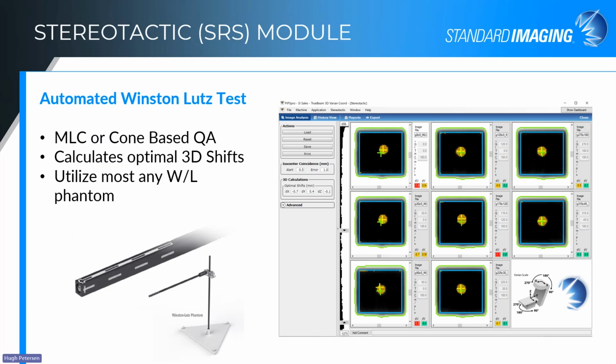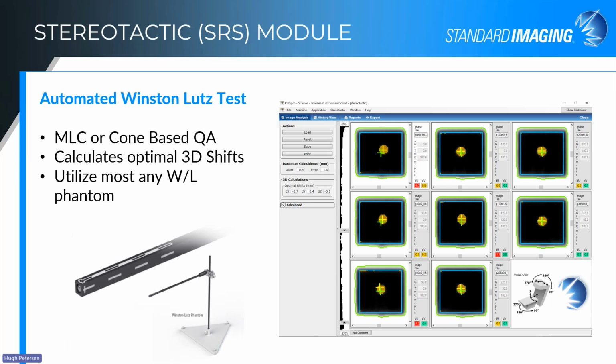The automated Winston-Lutz test, like I mentioned, you can utilize just about any type of Winston-Lutz phantom. We've got a couple different pointers like this here. This is our basic pointer. We also have one with micrometer adjustment, our 3D adjustable pointer, and then we also have a standard Winston-Lutz cube, which is just a small cube with a 6 millimeter ball in the center.